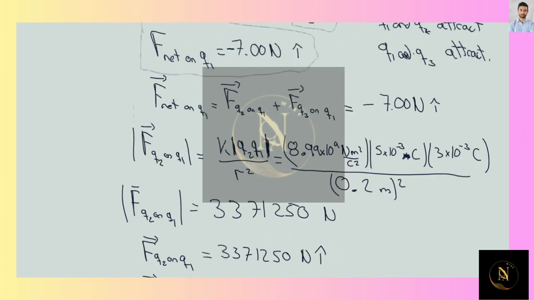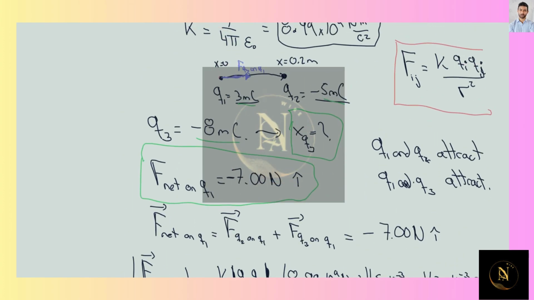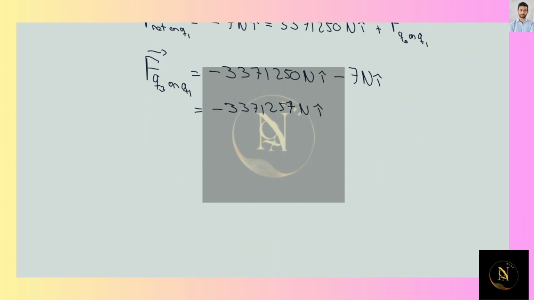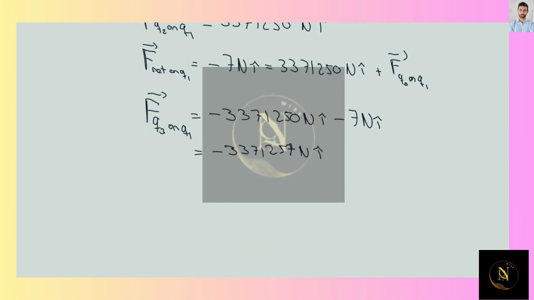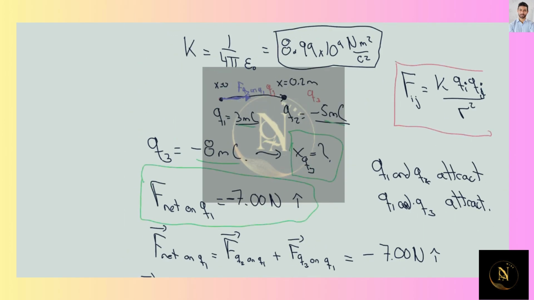So that means that in our original diagram, for this force of Q3 to happen, Q3 needs to be in some position on the negative direction, right?